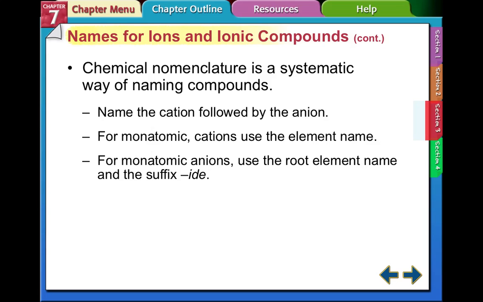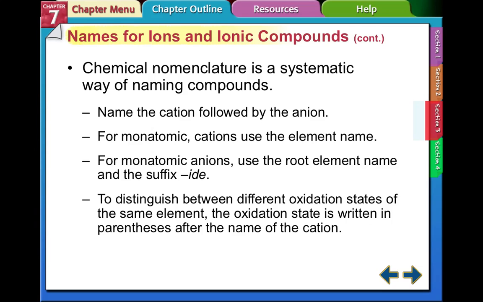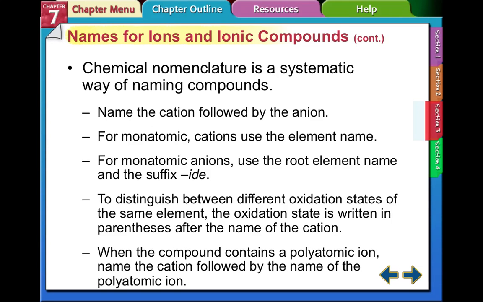When you have a binary compound, when there's two elements, you use the root name and then ide. To distinguish between different oxidation states of the same element, the oxidation state is written in parentheses after the cation. When the compound contains a polyatomic, name the cation followed by the polyatomic.